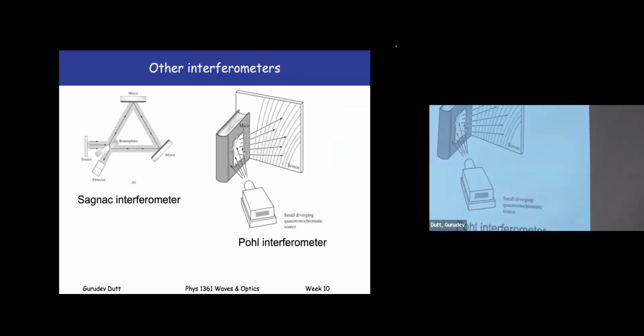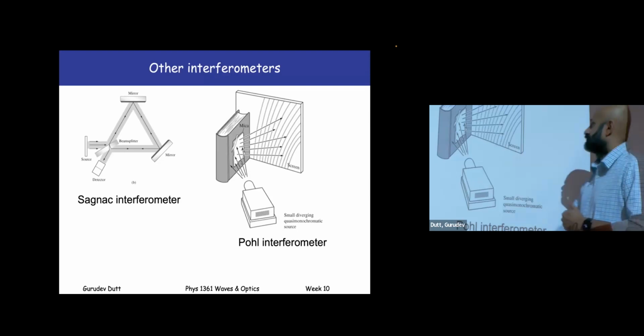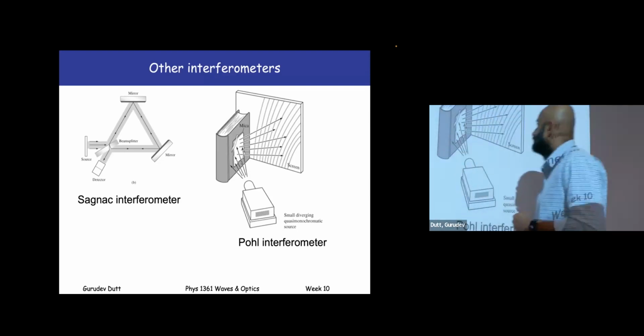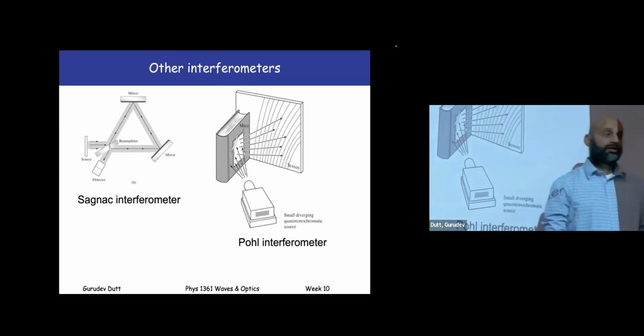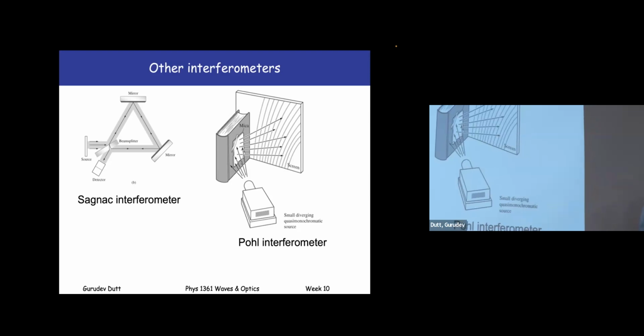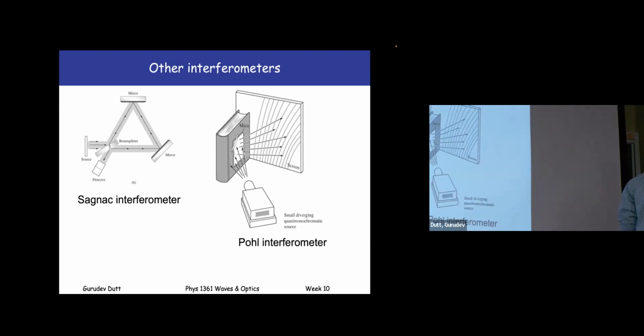All right. Other interferometers that you might encounter. One is this famous Sagnac interferometer. This is a ring type interferometer. It's used in laser gyroscopes, which are famous because they can be sent up on aircraft and things like that to measure the rotation of the plane. You can use that like how a gyroscope works.